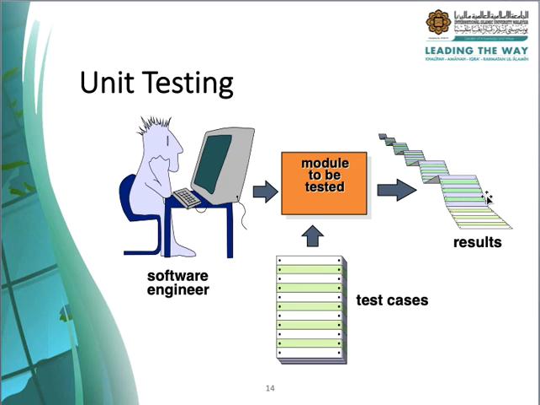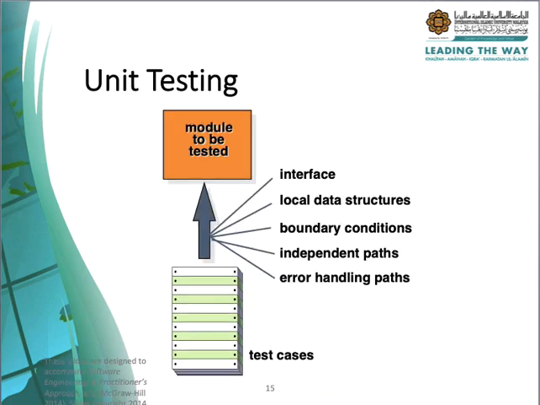So you may identify errors, you may identify the performance, you may identify the quality. What the test cases do is test these 5 items: interfaces, local data structures, boundary conditions, independent paths, and error handling.